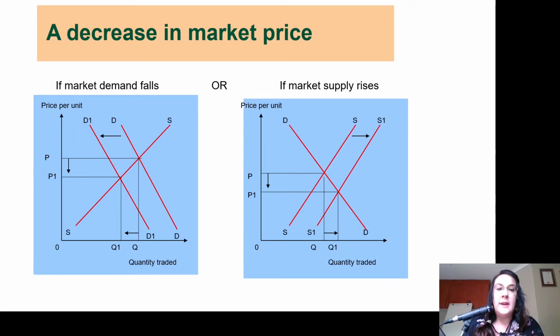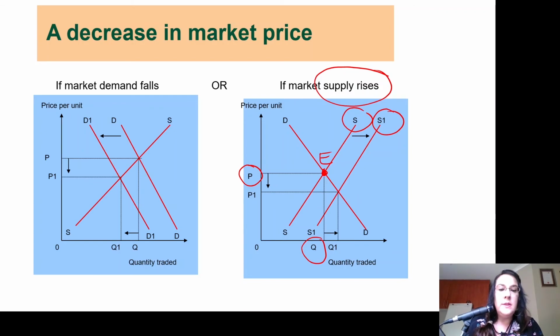Let's look at an increase in supply. So supply rises. So it goes from S to S1. My old equilibrium point, or my original equilibrium point, is over here. And my original price is over here. And my original quantity is over here.